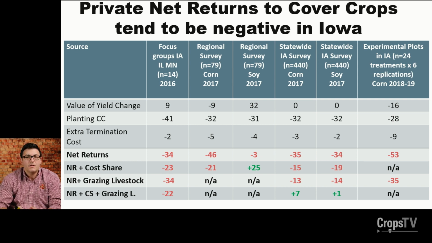So, even if we look at the net returns after accounting for cost share, only one of the studies actually shows a positive net return, and it becomes more likely that cover crops will be profitable when cost share and grazing of livestock occur simultaneously for one parcel of land.